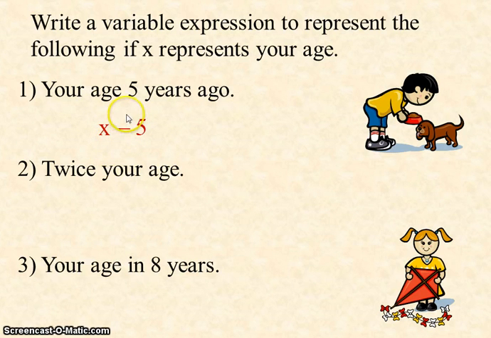So if I want to know my age 5 years ago, I plug in 33 for x, subtract 5, and I get 28. Twice your age, well, again, I would just take my age and multiply it by 2. So I can choose a letter. In this case, again, I chose x and multiplied it by 2. Or my age in 8 years, how old am I going to be in 8? I would say a variable. I could say x, and my age in 8 years would be plus 8 years. X plus 8.